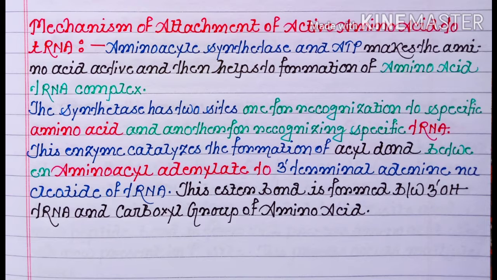This enzyme catalyzes the formation of an acyl bond between aminoacyl adenylate and the 3' terminal adenine nucleotide of tRNA. This ester bond is formed between the 3' OH of tRNA and the carboxyl group of the amino acid.